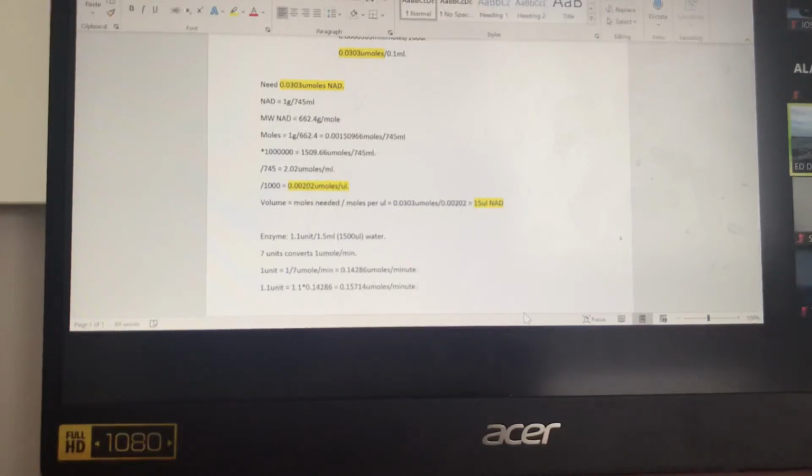Now we're of course giving it 30 minutes, not 1 minute. So we'll times it by 30. And that means that we can do 4.7143, give or take, micromoles per 30 minutes per 1500 microliters of enzyme solution.